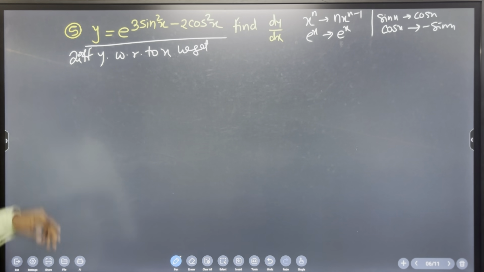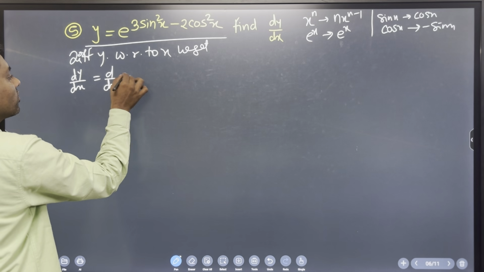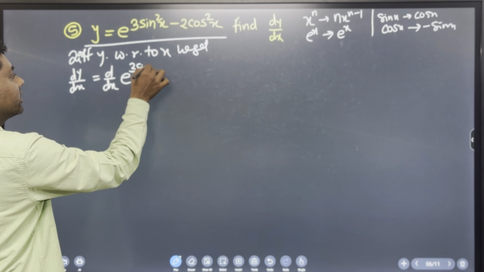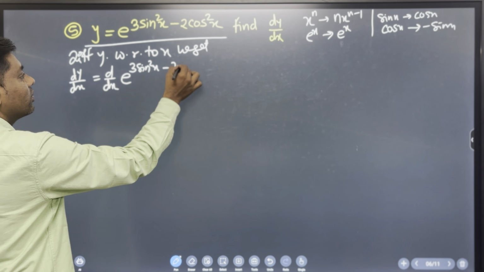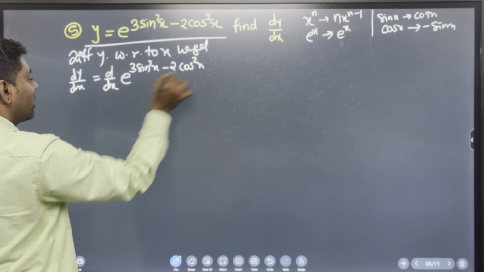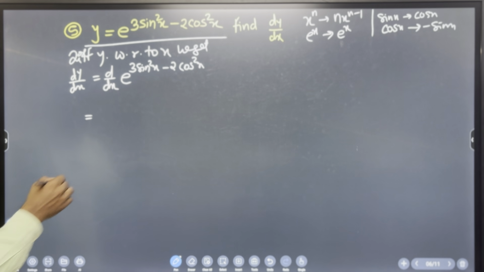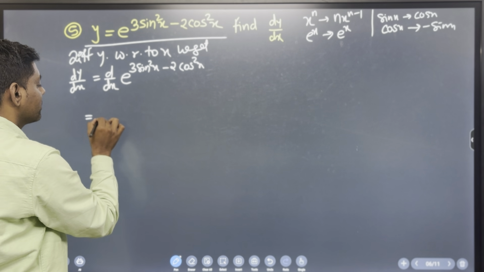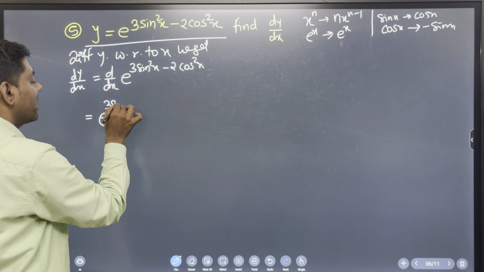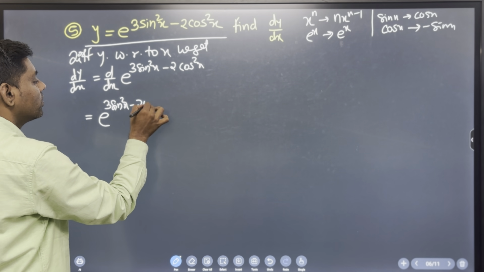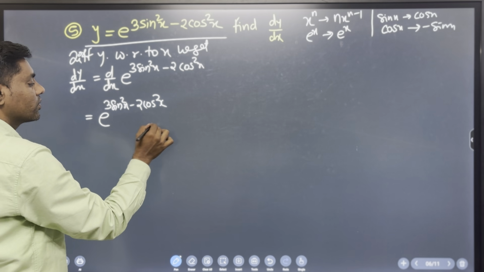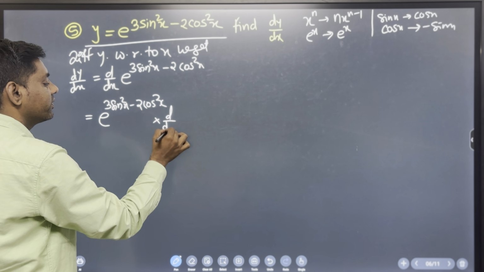So apply dy by dx on both sides, and then observe the basic formulas, and you can solve it. What is the derivative of e raised to x? That is as it is. So e raised to 3 sine square x minus 2 cos square x. Then take the derivative of that function.